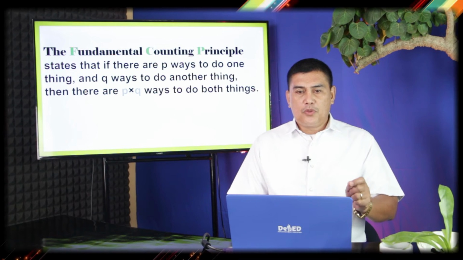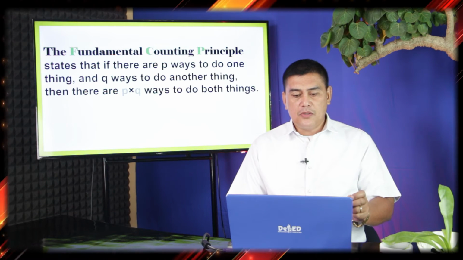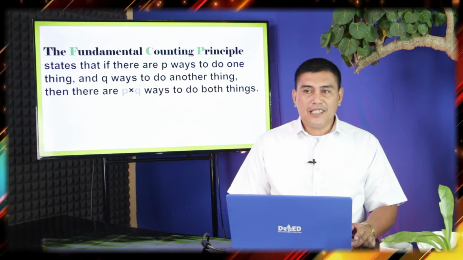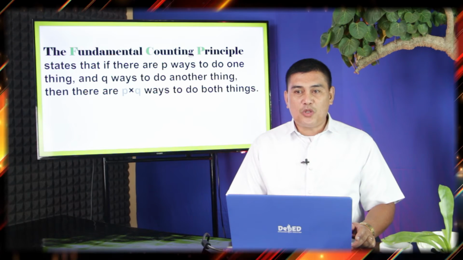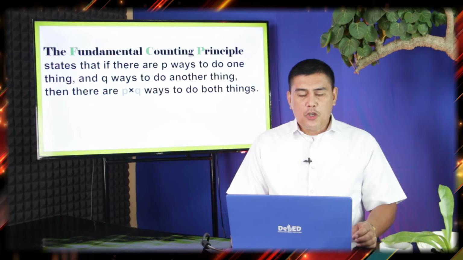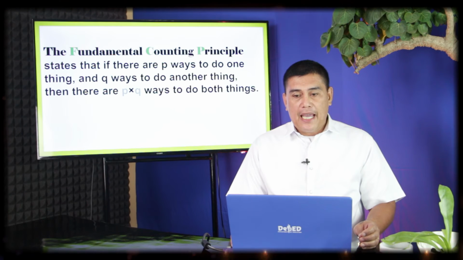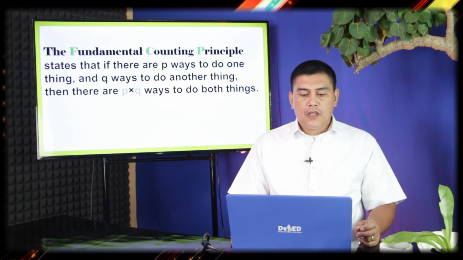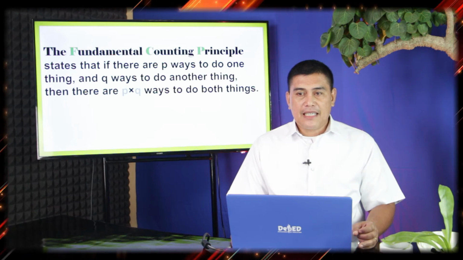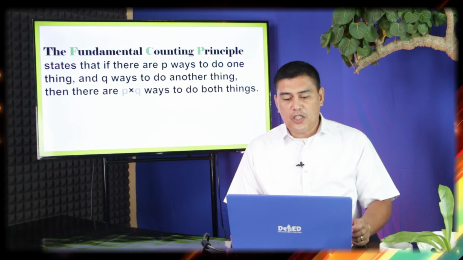So 3 yung P, ang Q natin is 2. Then, pwede natin dagdagan si Q ng R kasi magiging P times Q times R kasi meron pang isang position. So, ang ginawa natin is we multiplied the possible arrangement of one thing times the possible arrangement of another thing and so on.